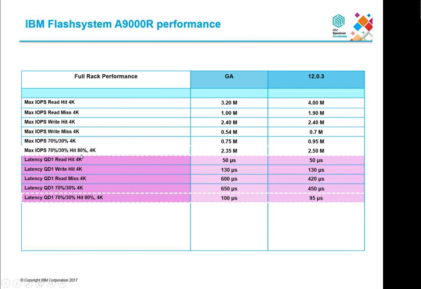Now in the next couple workloads, we're looking at ones that are a little bit more indicative of what I call real workloads, right? I've got a 7030 4K, and then I've also got a 7030 with a cache hit percentage as well. So if you see a 7030 4K, that's reads, writes, and I/O size.